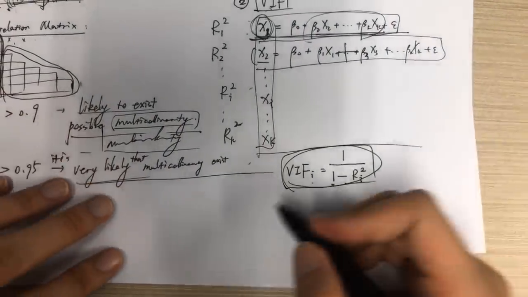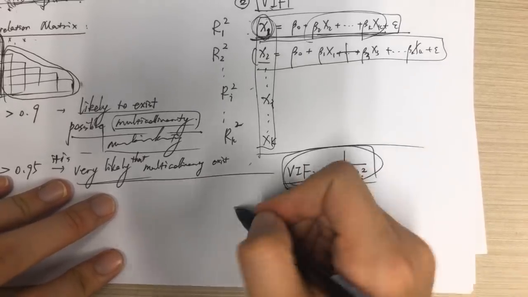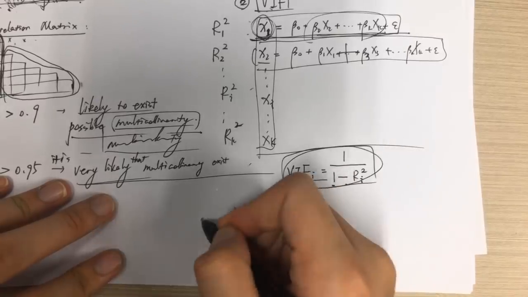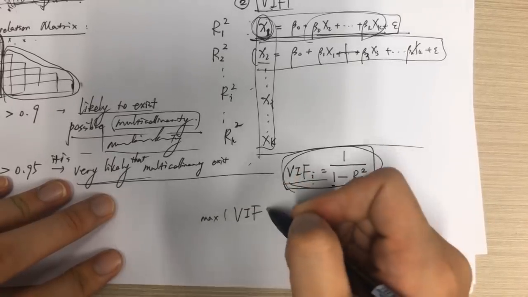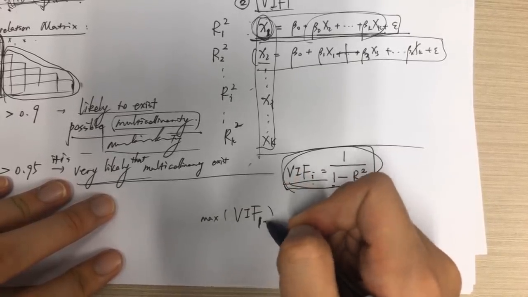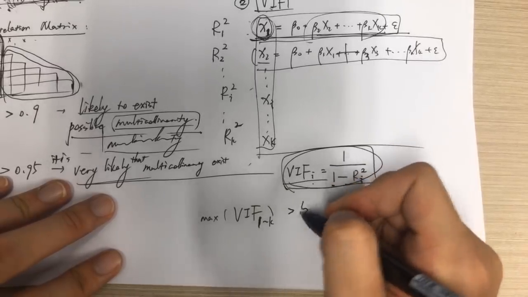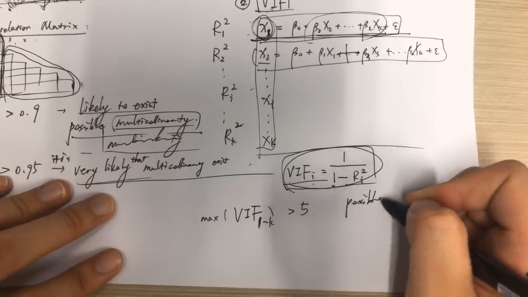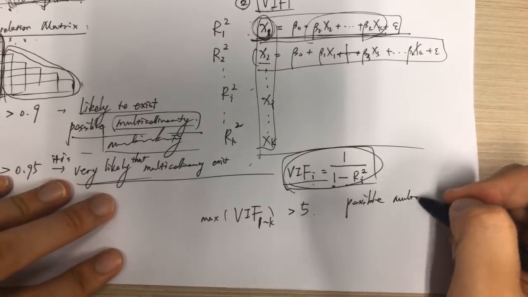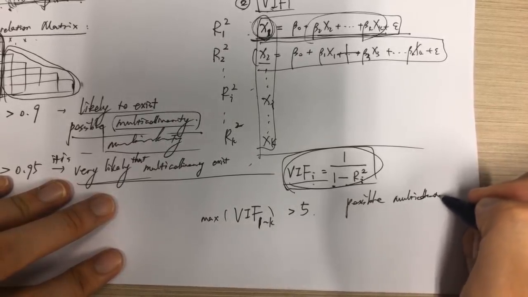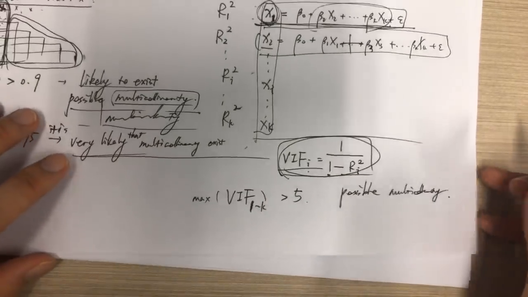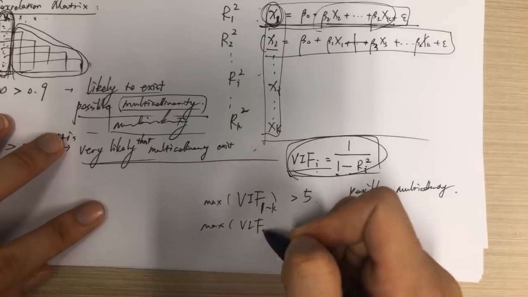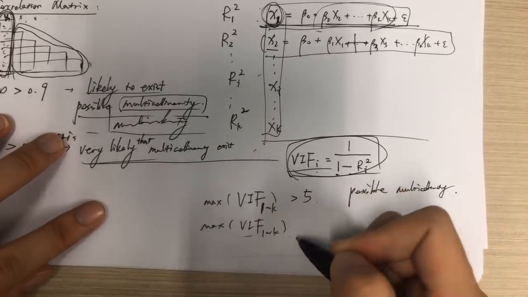So the decision rule is if the largest VIF, the max VIF among 1 to k, is greater than 5, then it's possible multicollinearity. And if the max VIF among all the VIFs from 1 to k, you know what I mean, right?